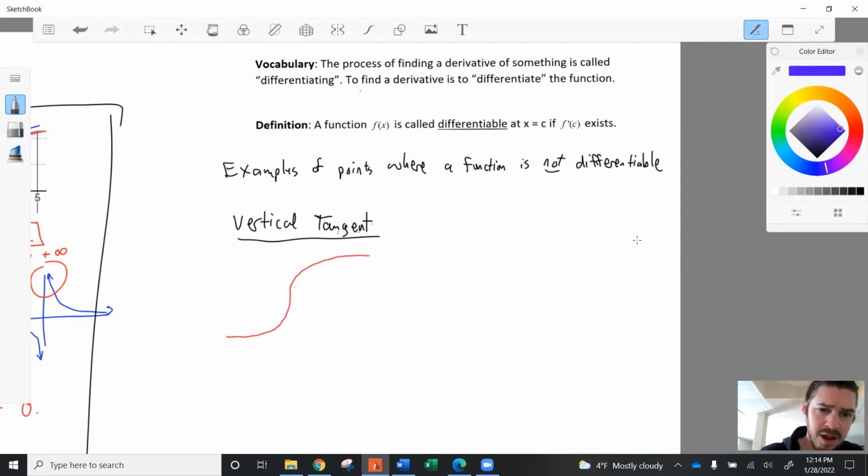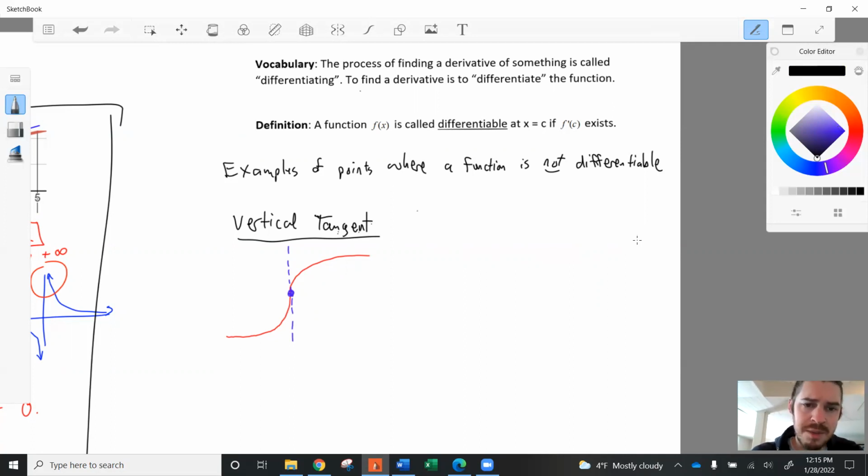And then at a point like right here, you have a vertical tangent line. So there's an example of a vertical tangent. This happens in things like the cube root of x, as well as the square root of x, as well as some, I almost said rational functions, but I'm not entirely sure about that. Certainly some kinds of trigonometric functions or inverse trigonometric functions exhibit this sort of behavior. So that's an example.